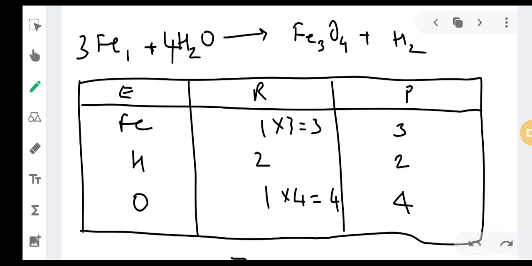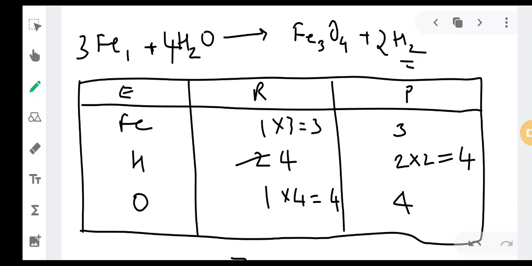From 2 hydrogen on the left hand side it has become 4 hydrogen. So what you have to do is put 2, and when you multiply 2 on the left hand side it will become 4. This is how the equation will be balanced.